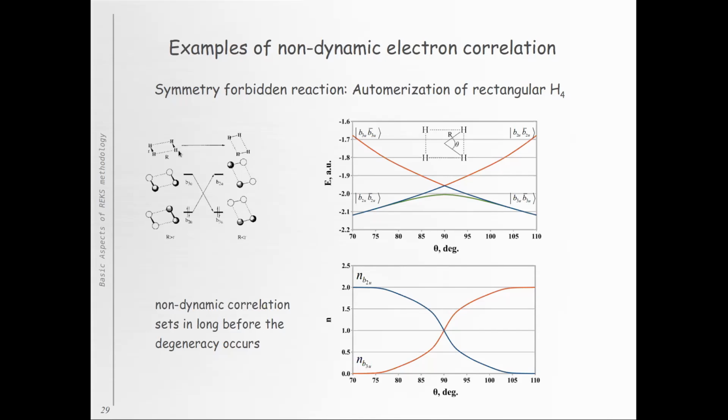So this can be described with one angle. If we keep this radius fixed, we can describe a potential surface with one angle, for example.